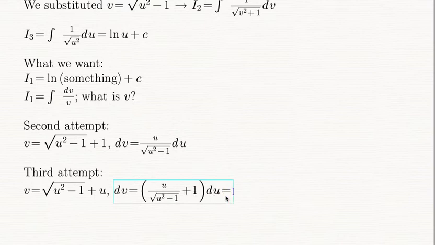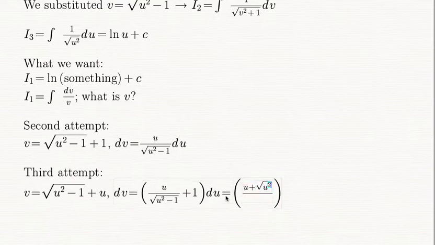And as you see, this is nothing but u plus, let me write, u plus square root u squared minus 1 by square root u squared minus 1 in the denominator, du.